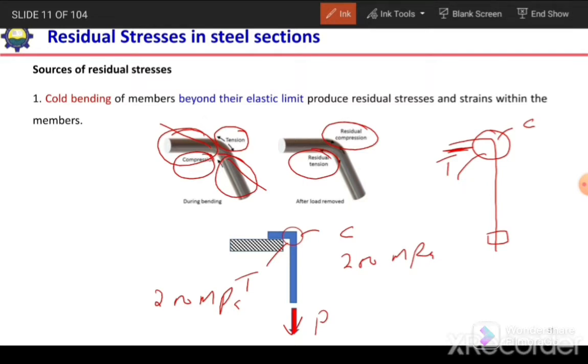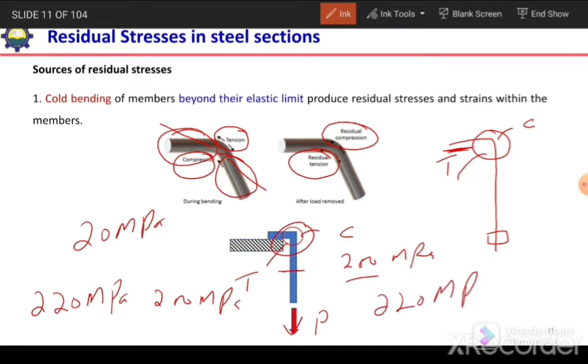For example, if this residual stress is 20 megapascal, compressive as well as tensile, then although the applied stress is 200 megapascal, at this section on the inner side the tension will be 220 megapascal, and on the outer side it will be 220 megapascal compressive stress.